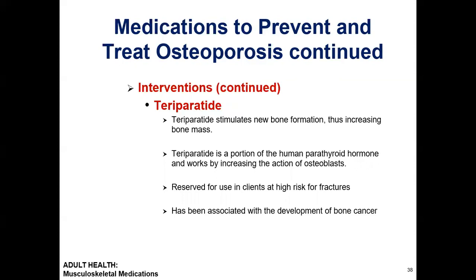And the last medication here, teriparatide. It stimulates new bone formation, thus increasing bone mass, right? In osteoporosis there is bone loss, so you need something to increase bone formation.